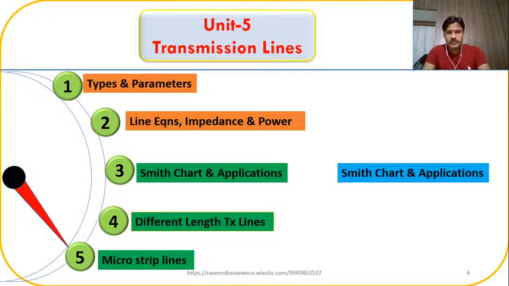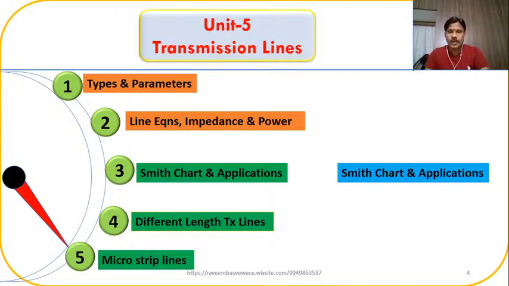So before going to the Smith chart, we are going to see some more types of transmission line based on the properties of how the load impedance is placed. Students, remember, in any transmission line, at the starting end we will connect a source called the generator, and at the far end, or the destination point, we will connect an impedance called the load impedance.